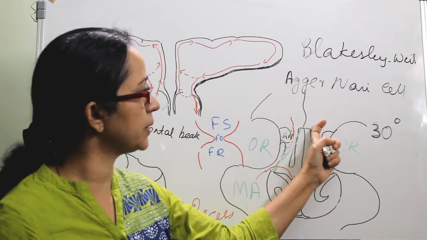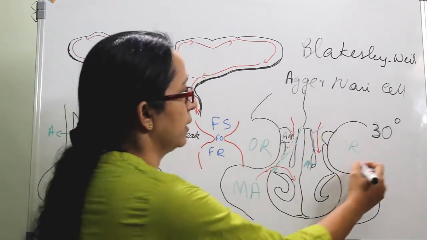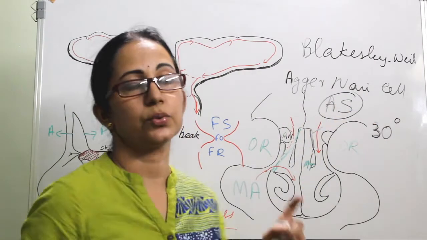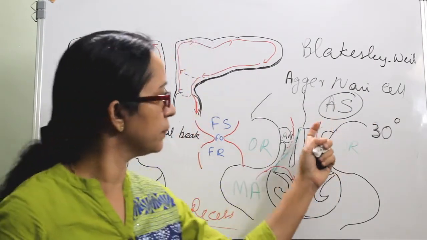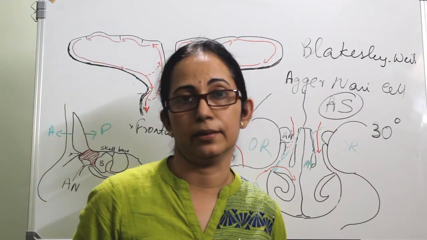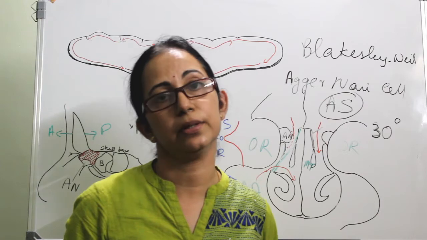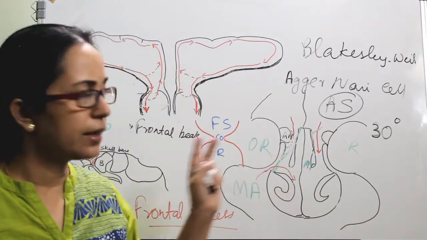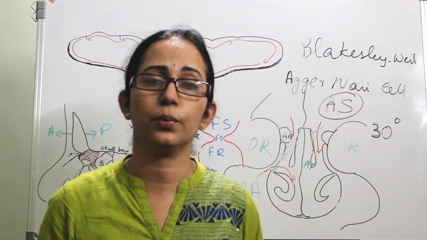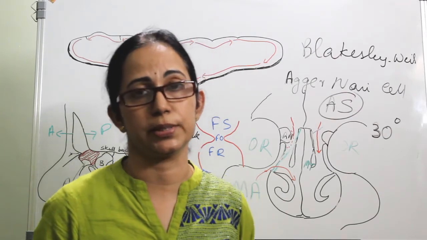Okay, so this will be the direction, antero-superiorly. Remember this one, antero-superior. So the instrument is directed antero-superiorly from the axilla or just below the insertion of the middle turbinate. And always use a 30-degree endoscope and also the Blakesley-Weil instruments.